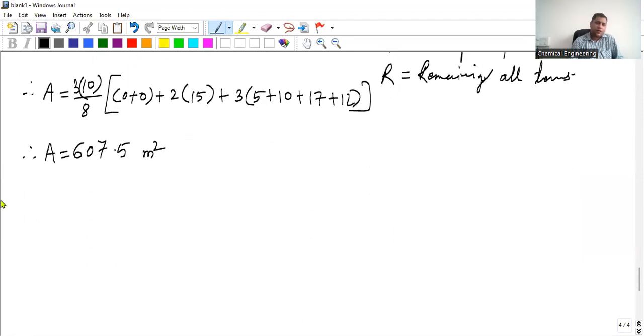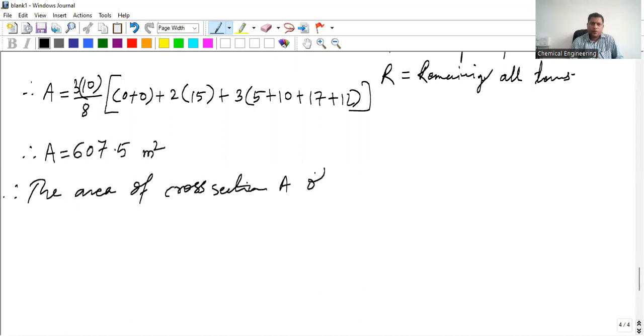Hence the area of section A is 607.5 meters square by Simpson's 3/8 rule.